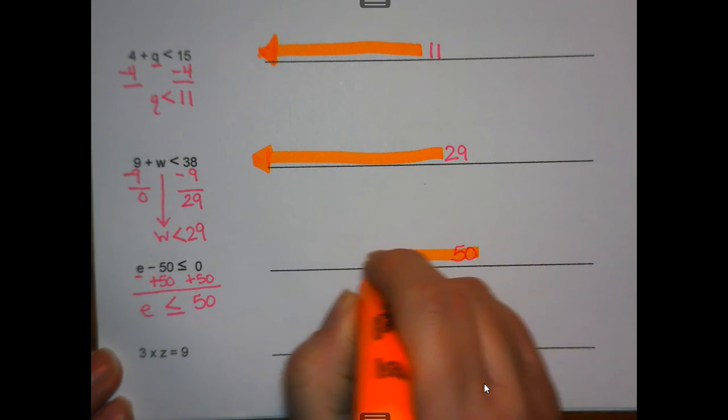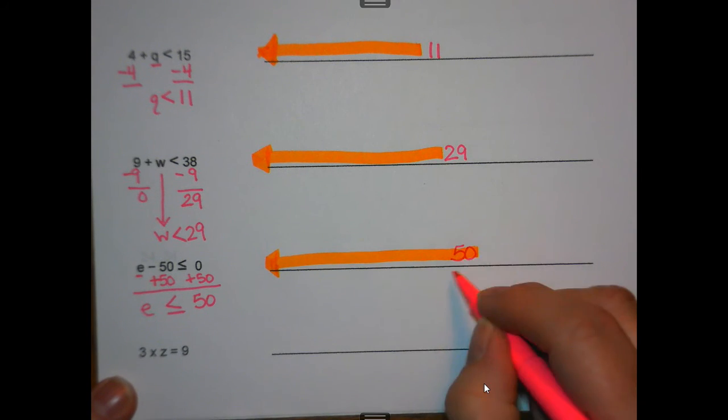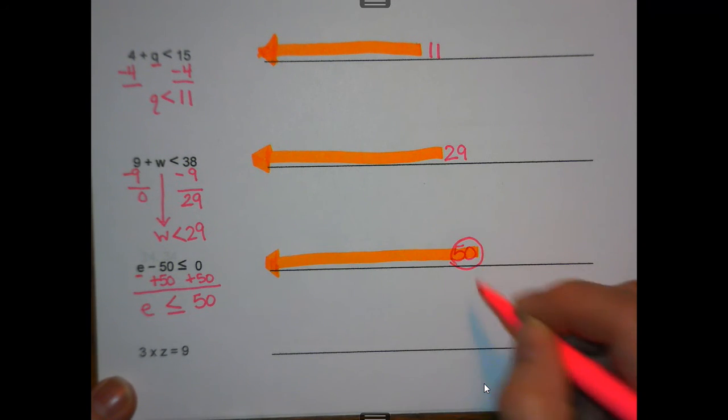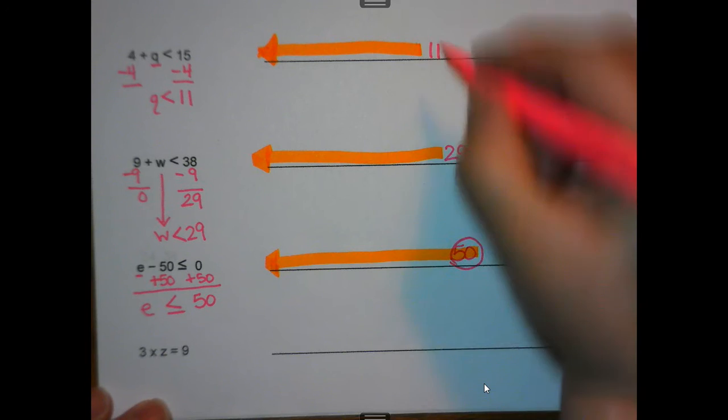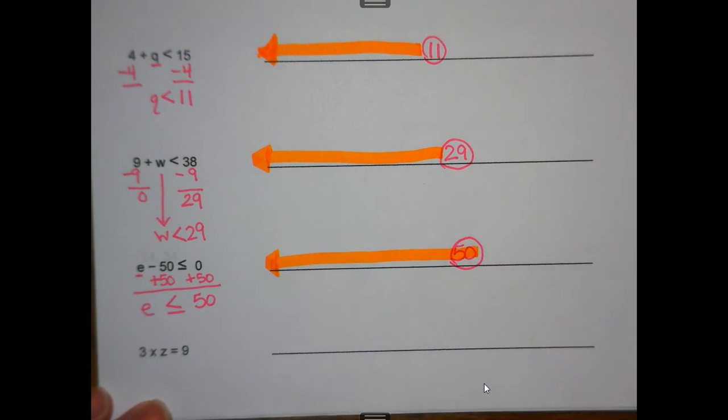We include the 50 this time because this symbol says that it's going to be less than or equal to 50. That's why we highlighted this. So this is kind of like our circle that's been colored in. This is like our empty circle from yesterday.